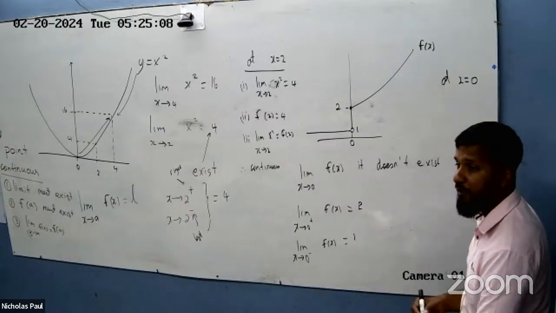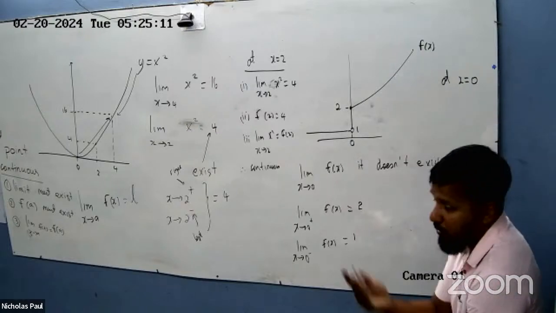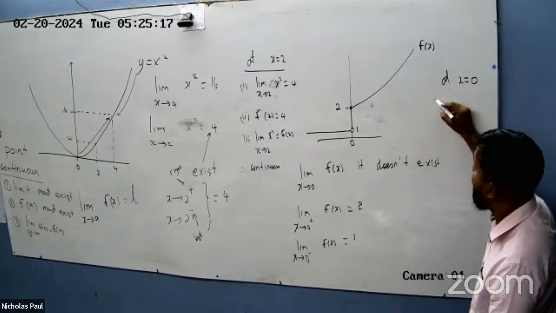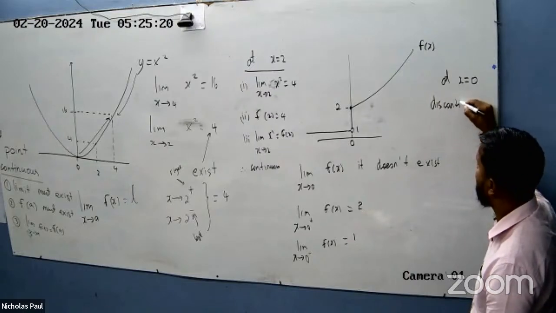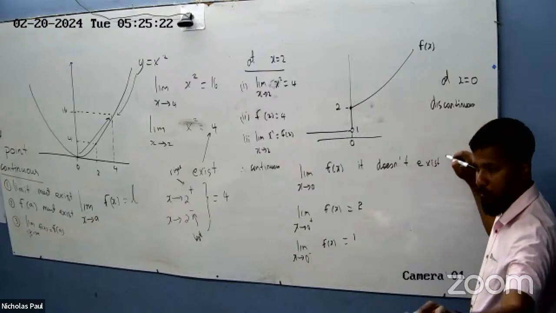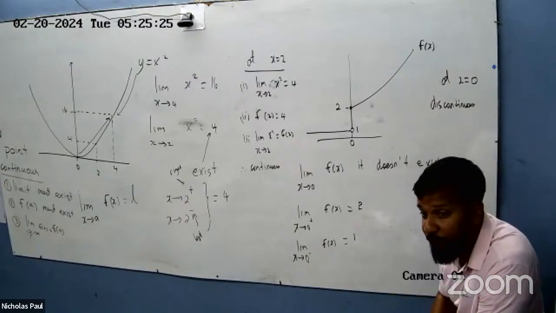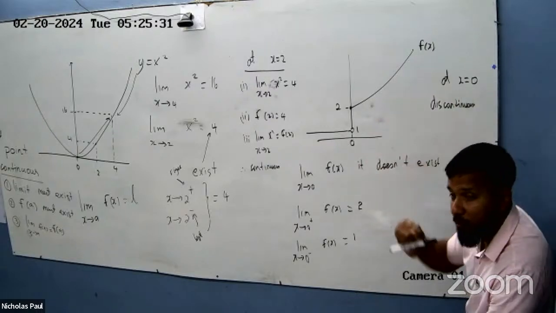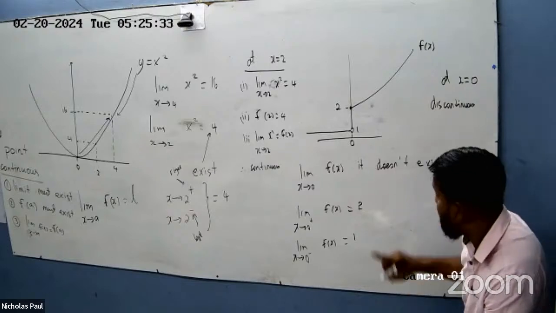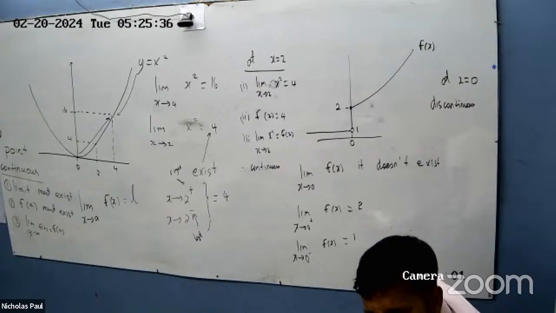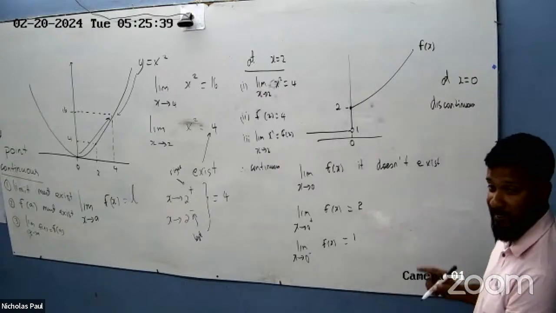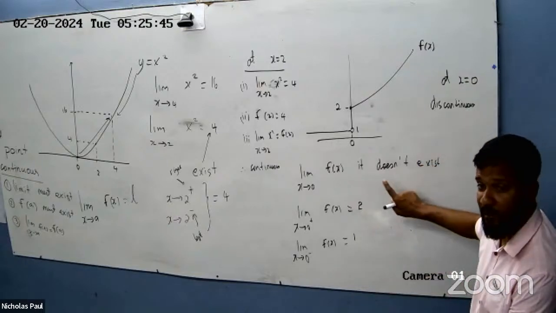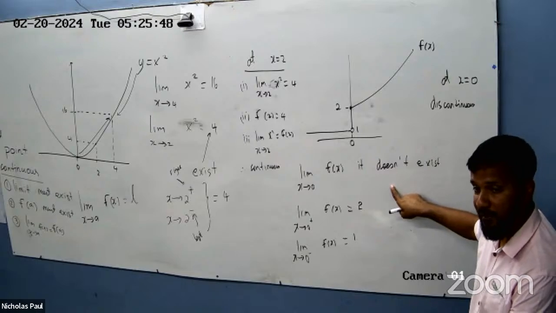Is it continuous? It doesn't even make sense to call it continuous, right? It's not continuous. Why, Adrian? Why is it discontinuous at x equals 0? It is discontinuous because the limit doesn't exist, right?